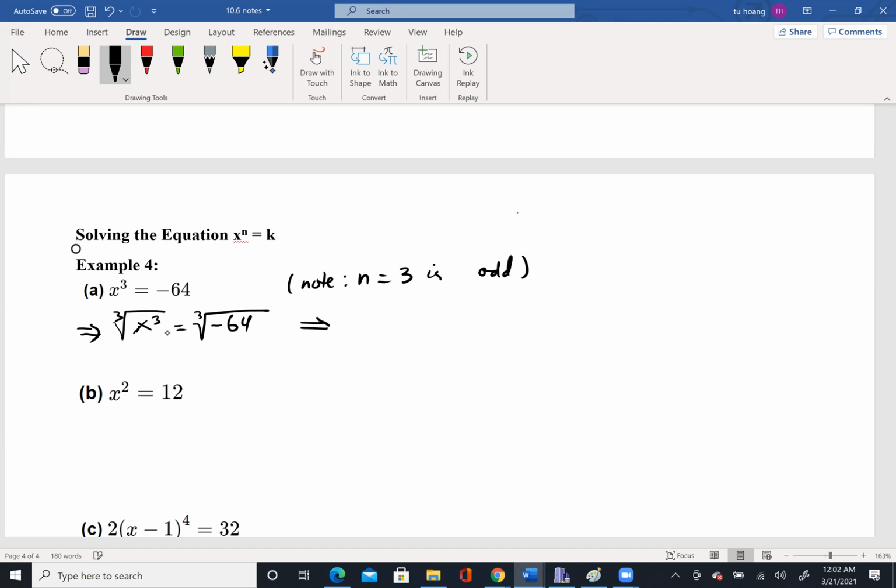So the left hand side becomes x, and the right hand side becomes -4, because you know that -4 to the power 3 is -64, right? So that is the answer.